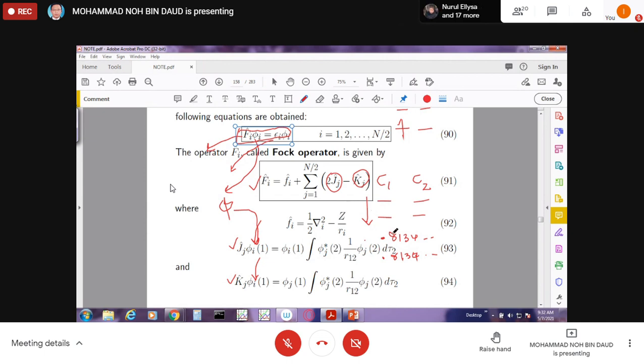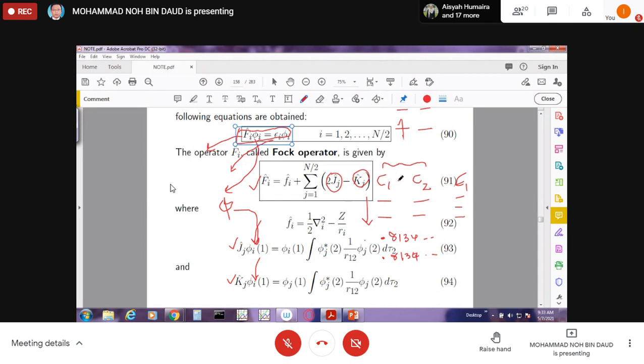So this convergence, okay, at the same time, the energy also will converge, this orbital energy. Let's say for electron 1. And the convergence of the energy is faster compared to the convergence of these orbitals.